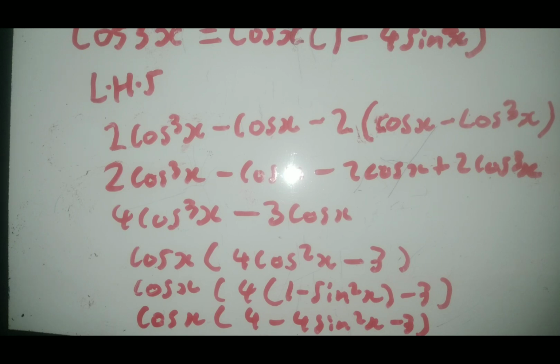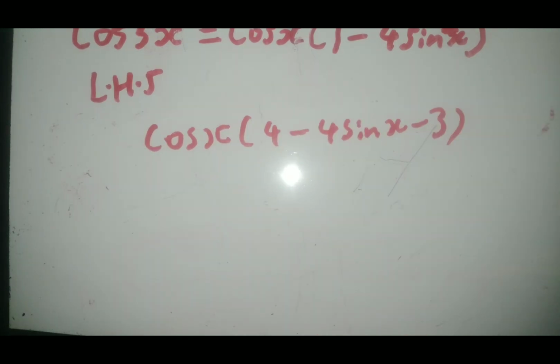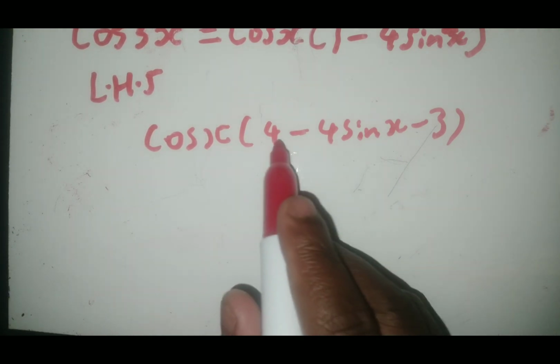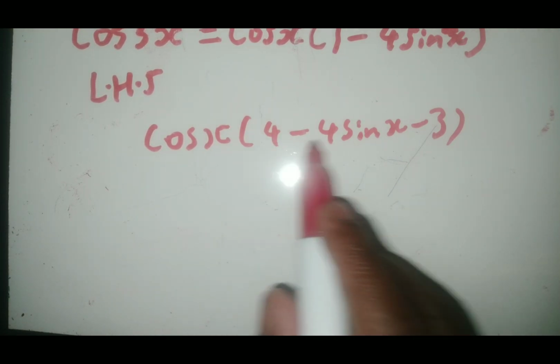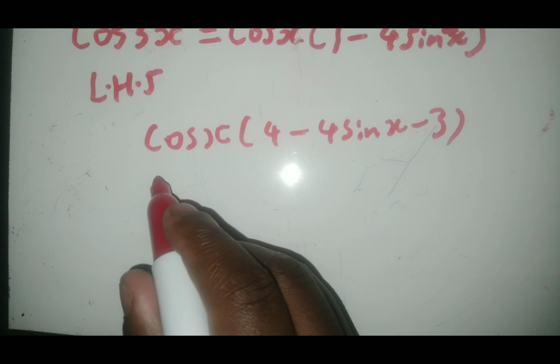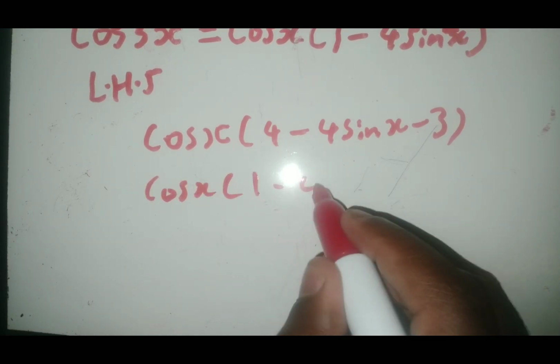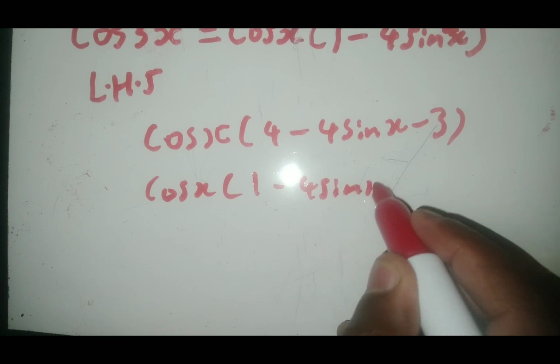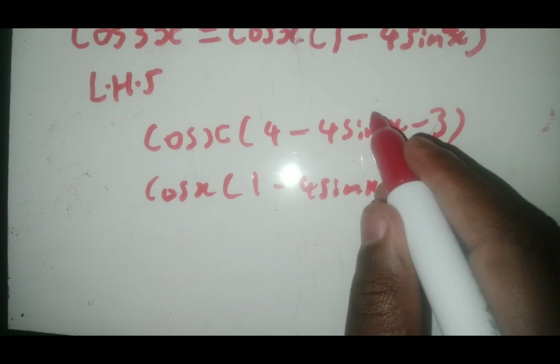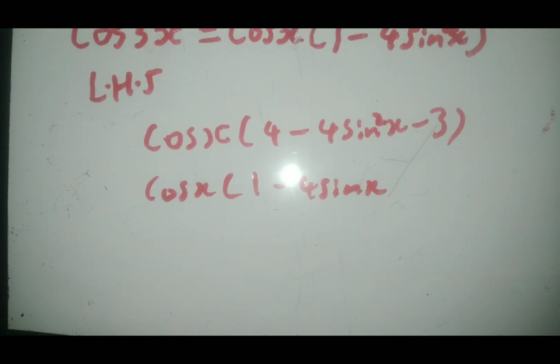So now we have this. Let me just rewrite this. Okay, so I rewrote this with nothing changed. Okay, then this, you will notice that these are like terms. So 4 minus 3 is 1. So therefore we can say it's cos x. Then we have 1 minus 4 sine squared. This is sine squared.